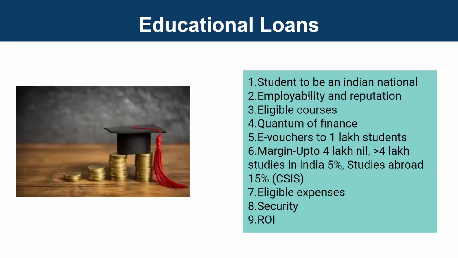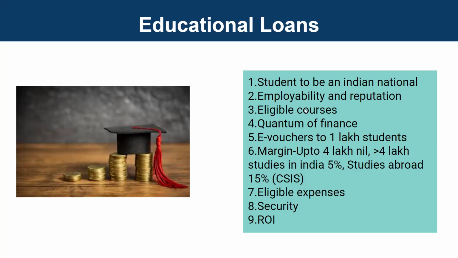Educational loans. The main eligibility here is that the student should be an Indian national. Banks may decide based on the employability and the reputation of the institution concerned before giving the loan.